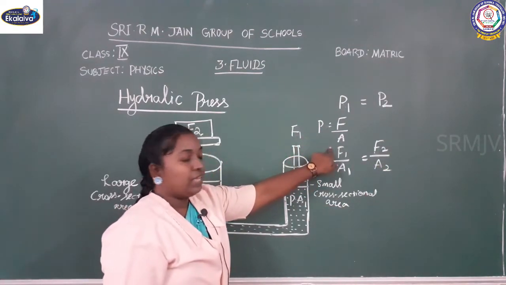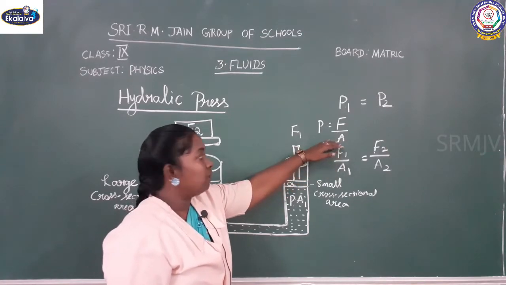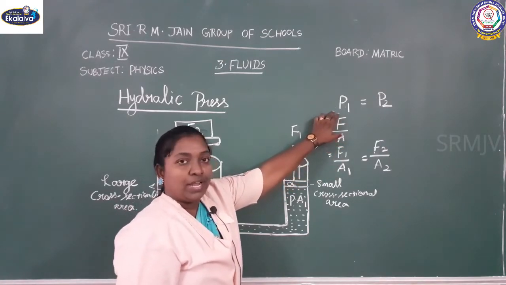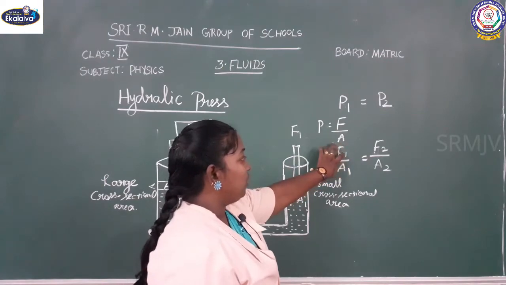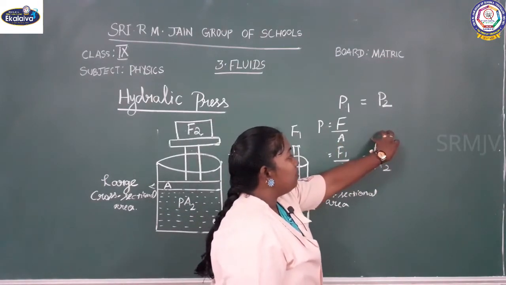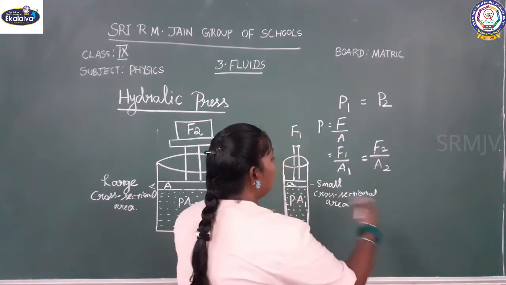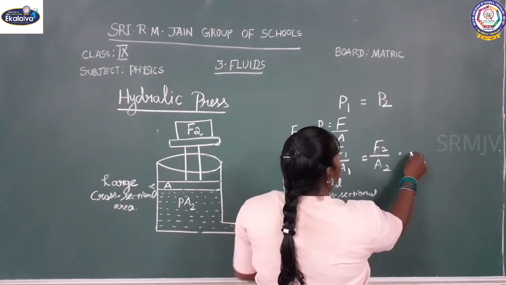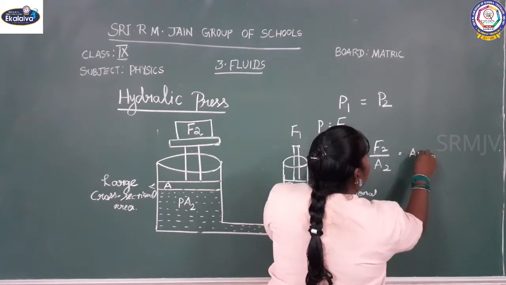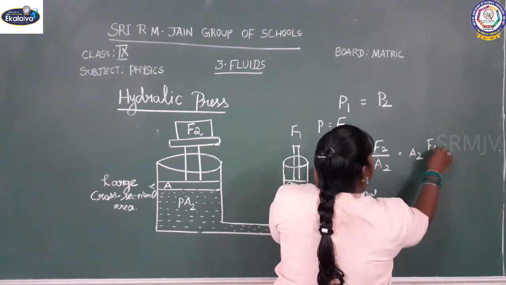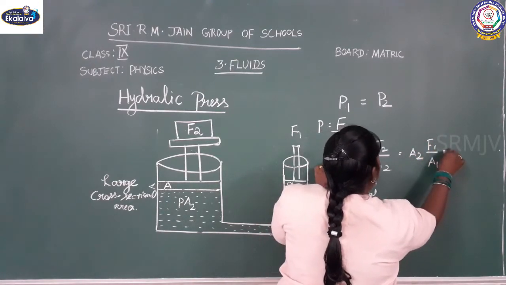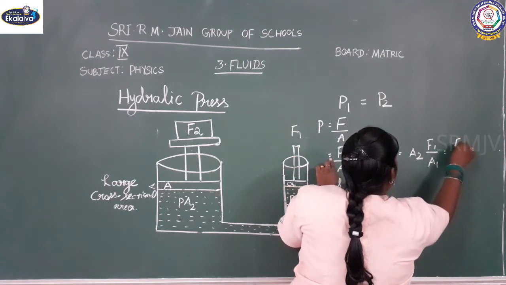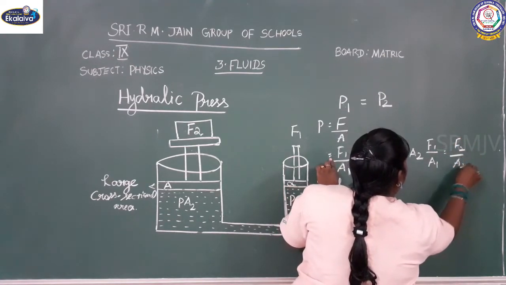P equal to F by A is the pressure formula. To separate F2, just multiply both sides by A2. So A2 into F1 by A1 equals F2 by A2 into A2.